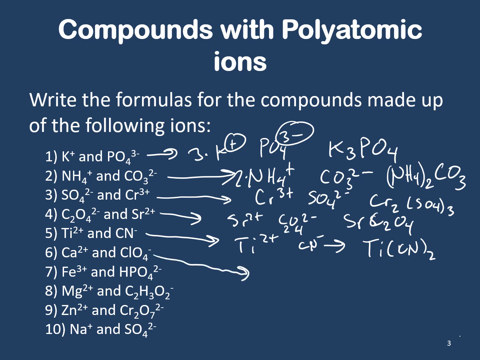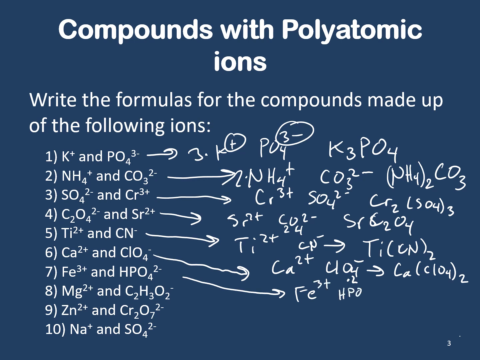Here we have Ca2 plus and perchlorate ClO4 minus. I'm going to need 2 of the perchlorates. So Ca parentheses ClO4 2. Here we have Fe 3 plus and hydrogen phosphate 2 minus.